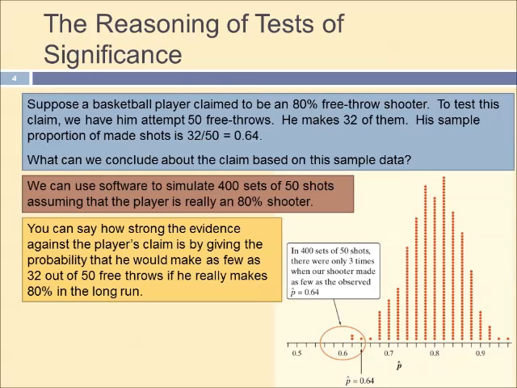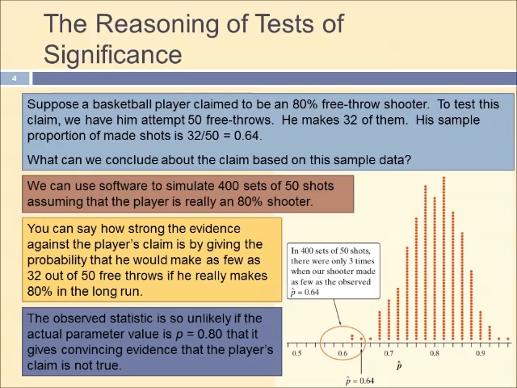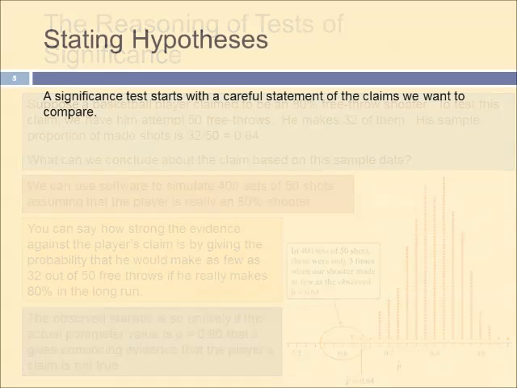So, in this case, in 400 sets of 50 shots, there were only 3 times when our shooter made as few as the observed value, 0.64. So the observed statistic is so unlikely if the actual parameter value is 0.8 that it gives convincing evidence that the player's claim is not in fact true.